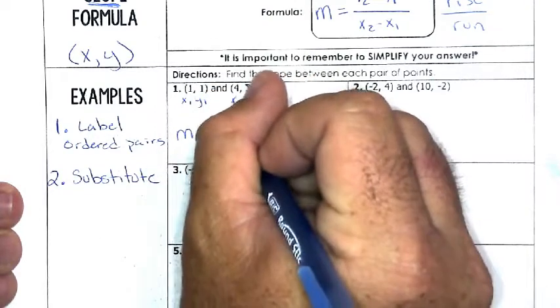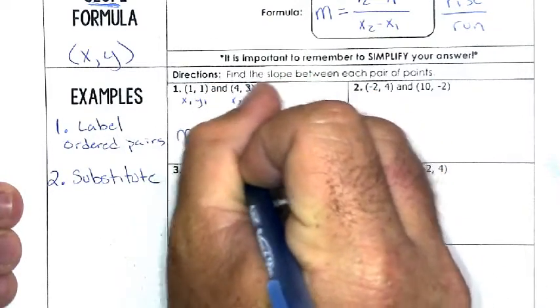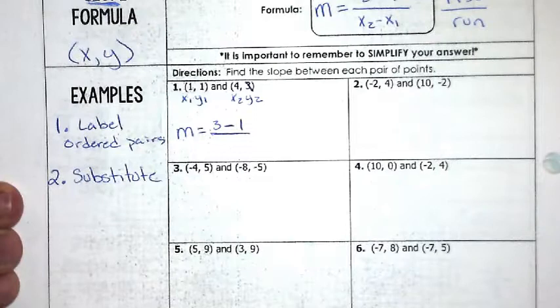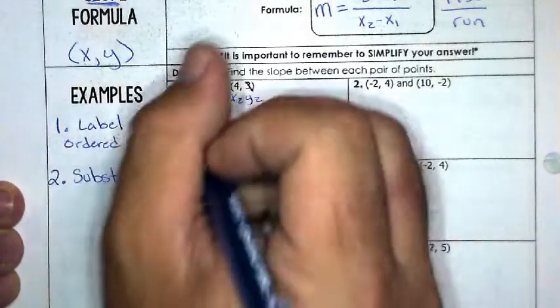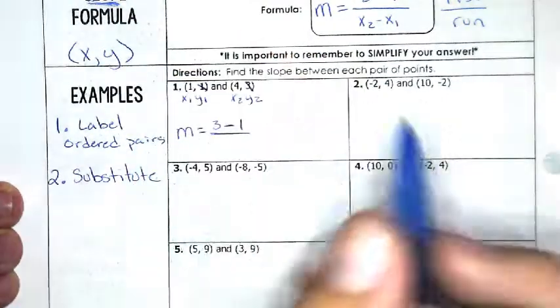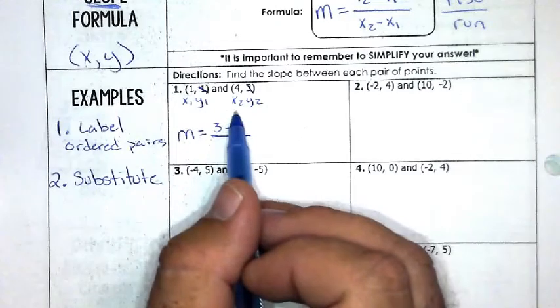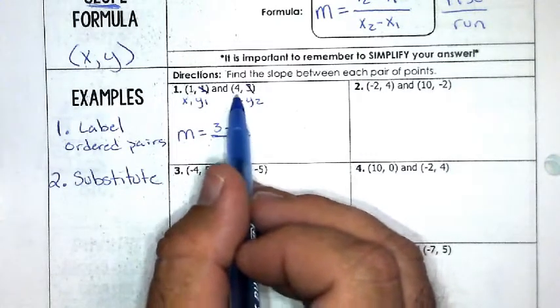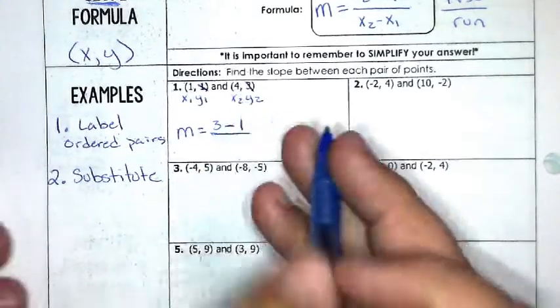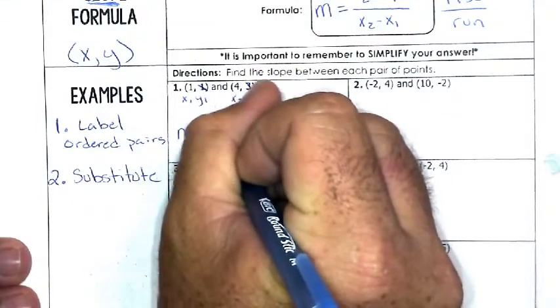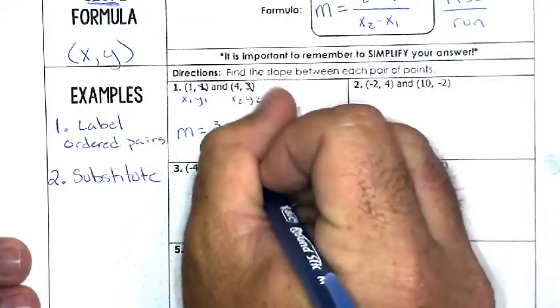That's my rise. I like to scratch them out after I use them. Okay? The denominator is x2 minus x1. What is the value of my x2? What is the value of my x1? And we're subtracting because that's what the formula says.